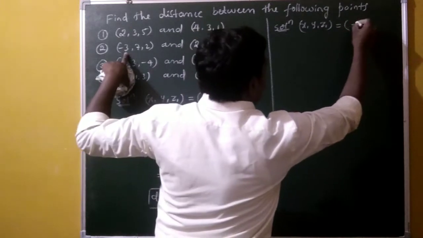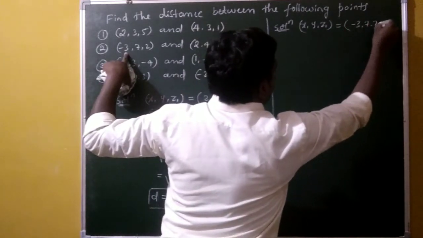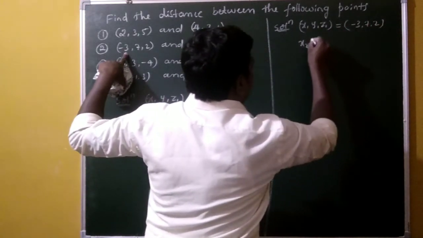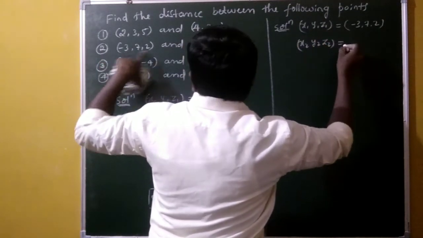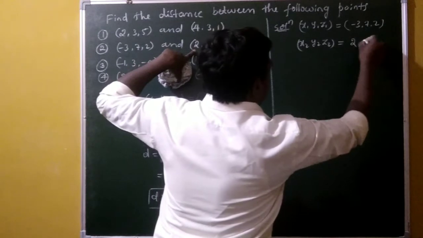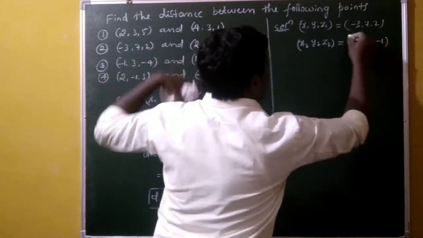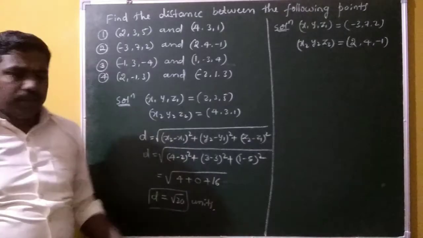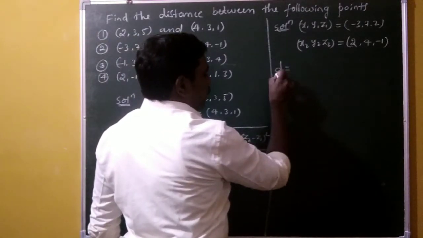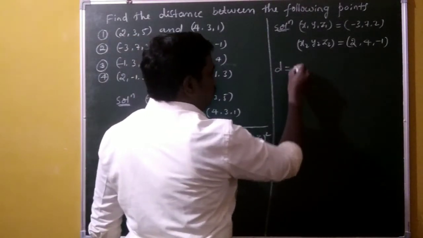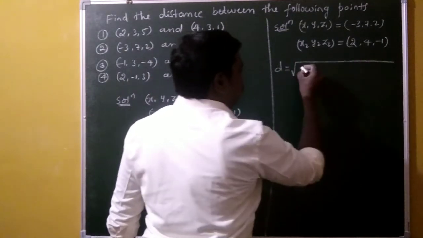First point is minus 3, 7, 2 and second point is taken as x2, y2, z2, so 2, 4, minus 1. The distance between 2 points is given by d is equal to square root of what?